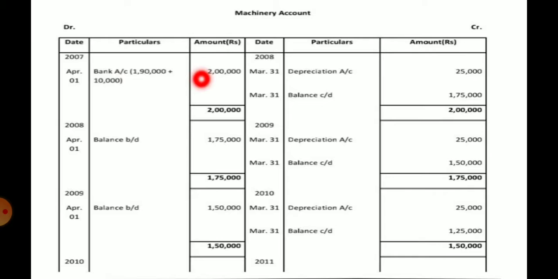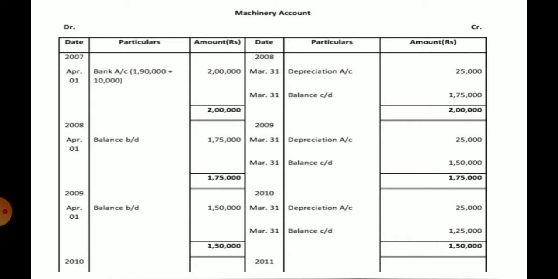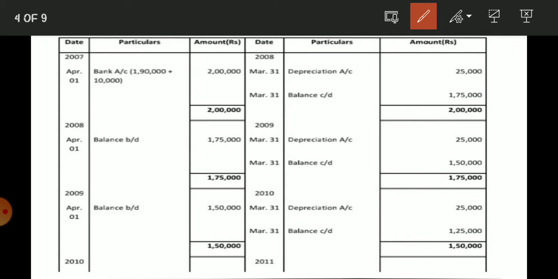So that will be written as To Bank, because we paid 2 lakh from the bank, and in the next year 2008, after completing the accounting year on March 31st, the depreciation account will be opened with 25,000, because we have to charge 25,000 as annual depreciation as we calculated here, and the remaining balance will be found out. How is it calculated? From 2 lakh we have to subtract 25,000.